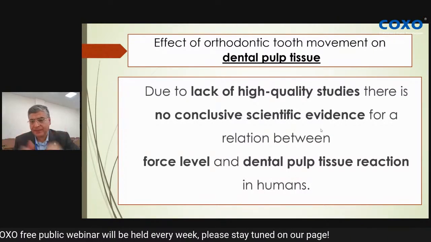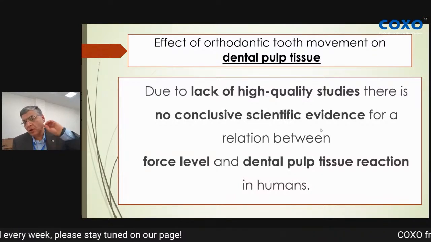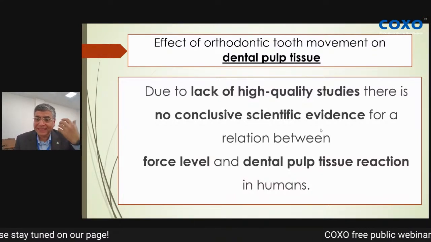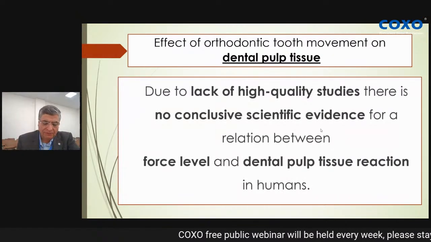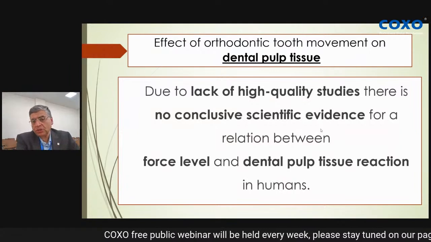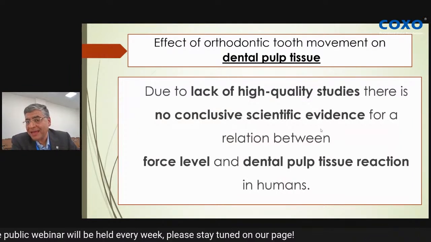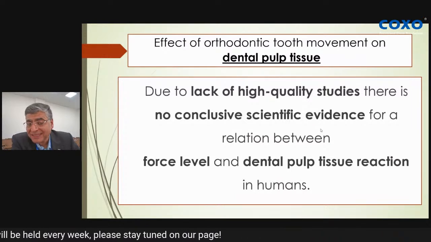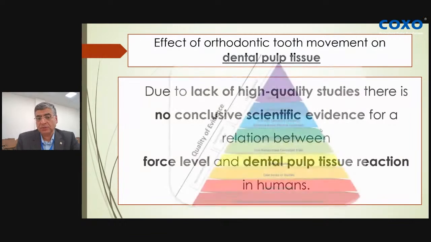We may have some idea based on case series, theory, and cell-based studies. However, it is not enough for us. So we need to go further and discuss more with each other and share our cases to be able to increase our knowledge about this topic.